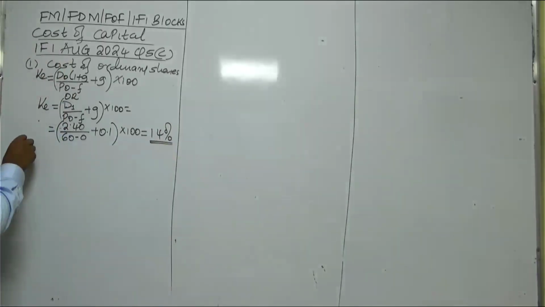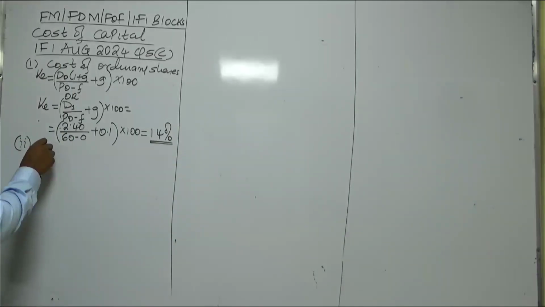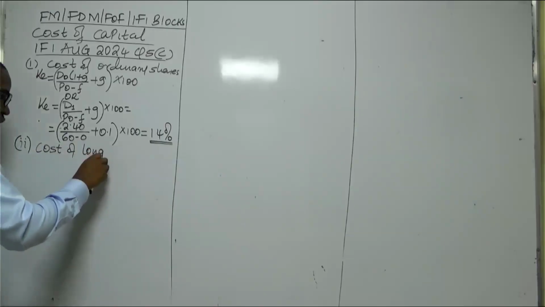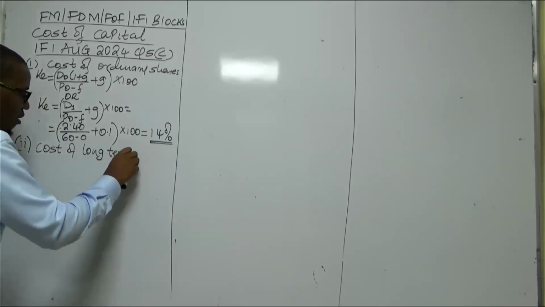Go to Roman number 2, where we have the cost of long-term debentures.